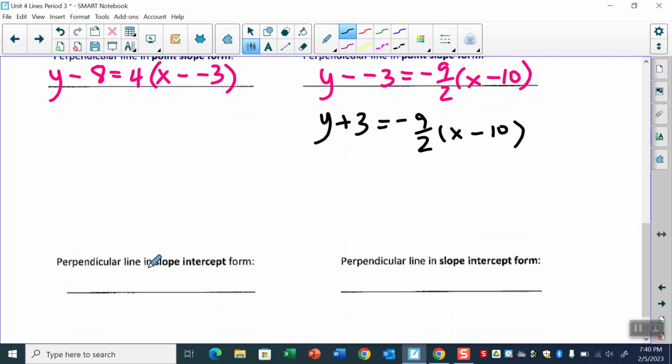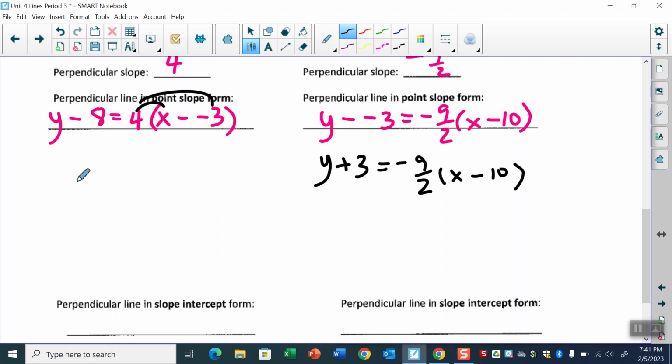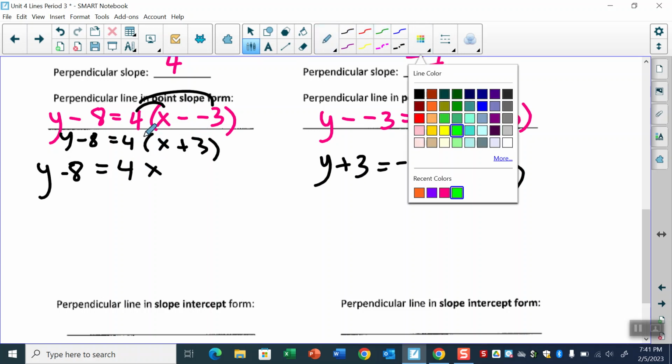Okay, now to go to slope-intercept form, right, I'm just going to do my distributive property. So y minus 8 equals 4x. Oh, I guess I did have a minus. So let me... So 4 times x, right, and then 4 times 3, so plus 12.